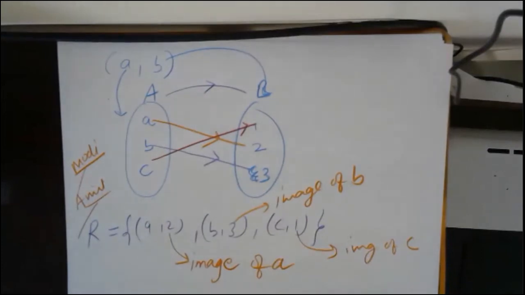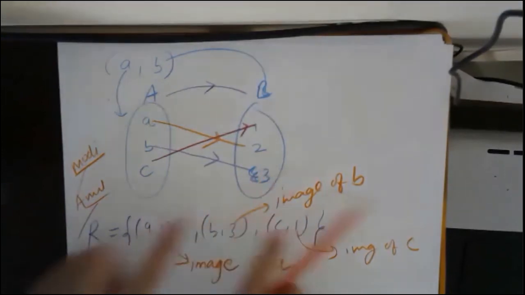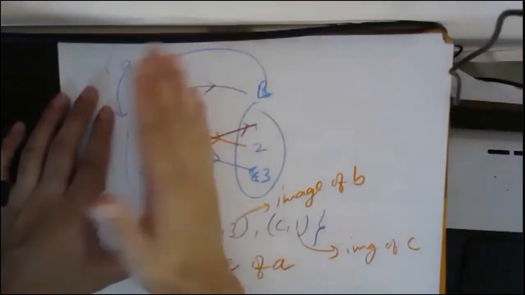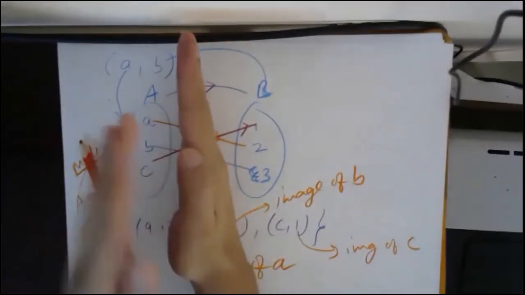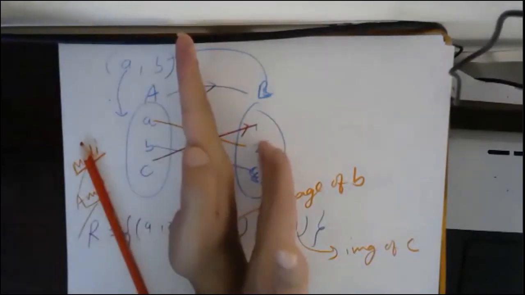Suppose in biology, we call it the eye. Why are we not calling the eye the ears, or the ears the eye? It's just a name given, right? So this 2 is an image of A. Suppose this is a mirror, set A is standing in front, and set B is the image.